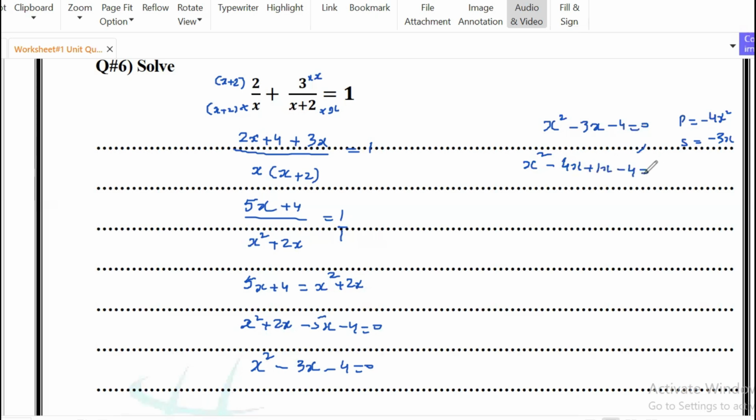So minus 4 is equal to 0. And then group factorization: x common, and then x minus 4 plus 1 is common. So x minus 4 is equal to 0. It means x minus 4 and x plus 1. And lastly, we can say that x is equal to 4 and x is equal to minus 1. So these are the roots of the above quadratic.